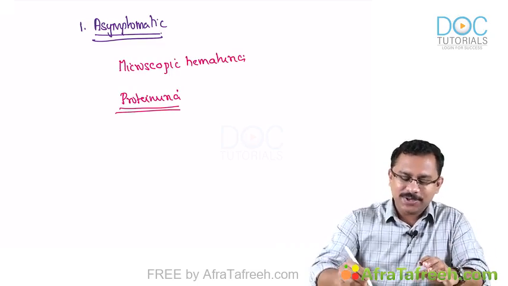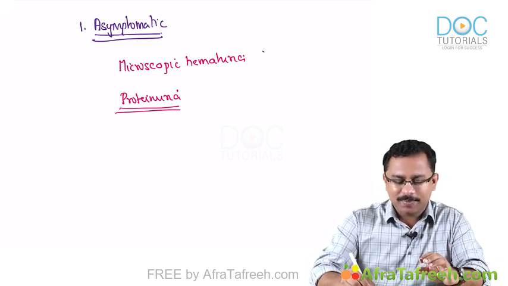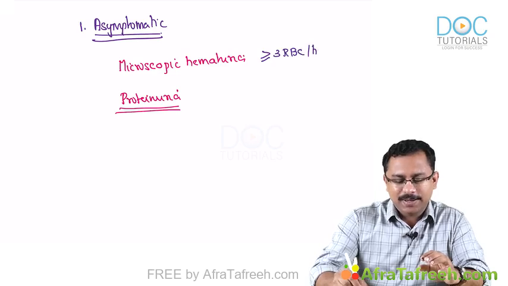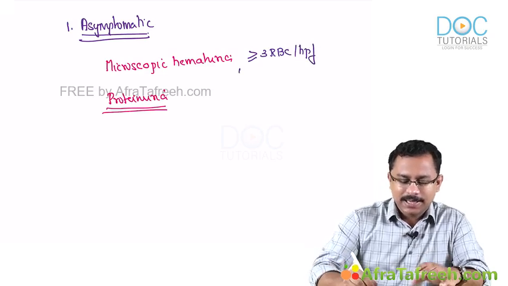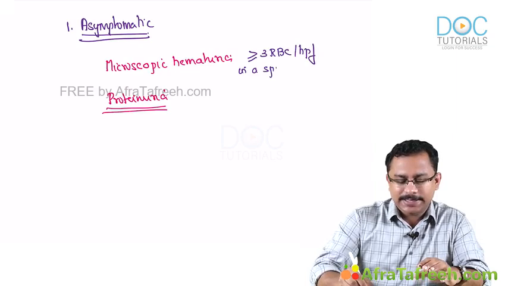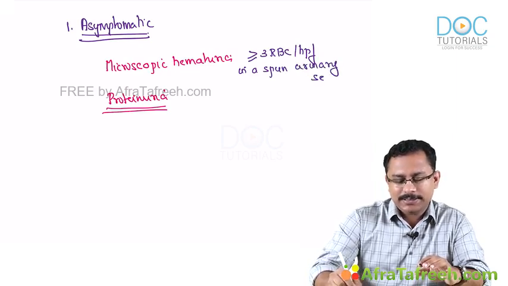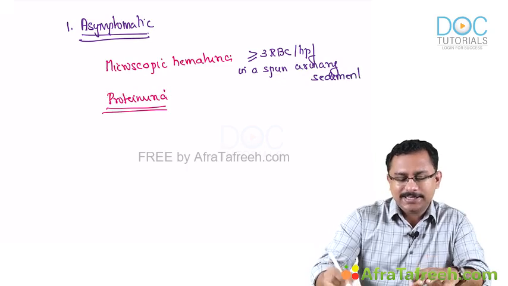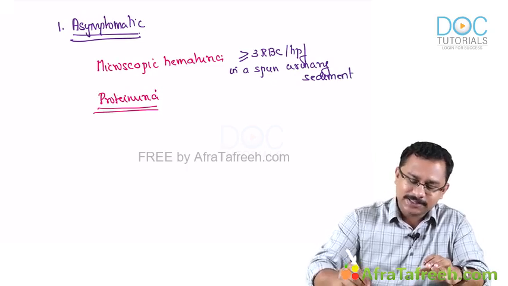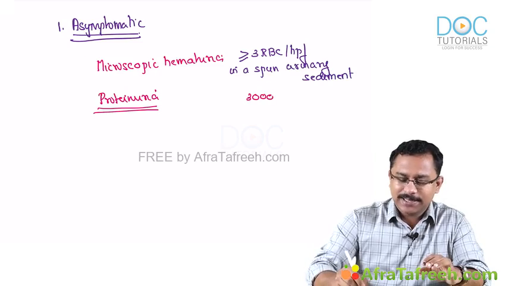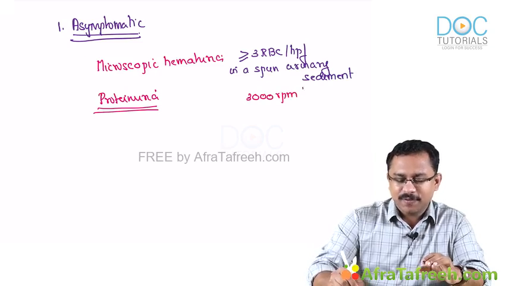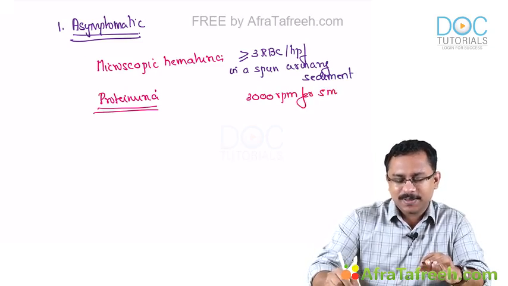So you might have proteinuria in the non-nephrotic range. Microscopic hematuria means you may have more than or equal to 3 RBCs per high-power field in a spun urinary sediment. When I say spun urinary sediment, it means it is spun at 3000 RPM for 5 minutes.